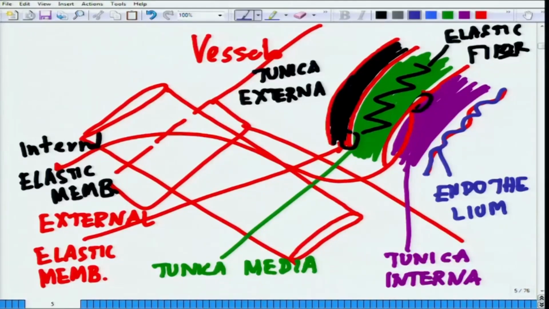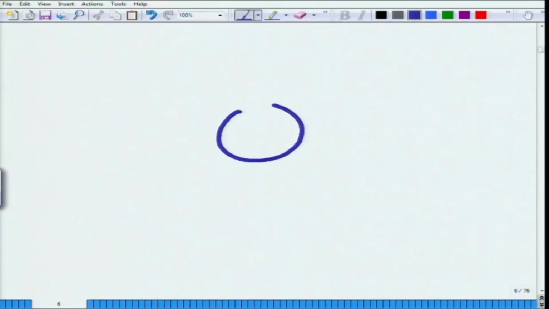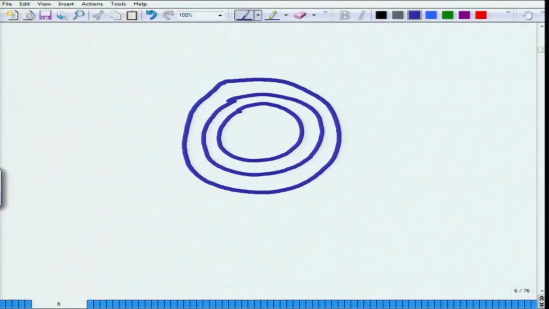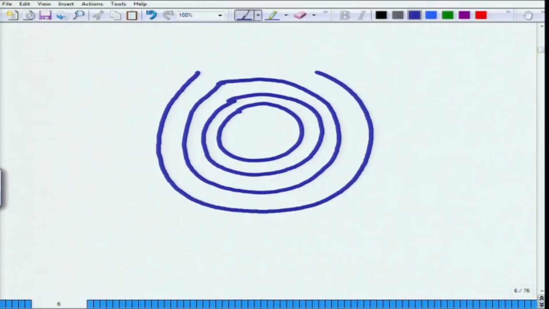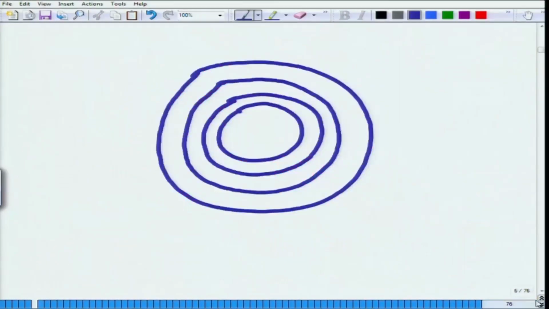So, if I had to redraw this as a cross section, it will look like this. This is the endothelial layer, the innermost layer. This is tunica interna, tunica media, and here tunica externa. And if I had to give the color code I just followed: black, green, magenta.